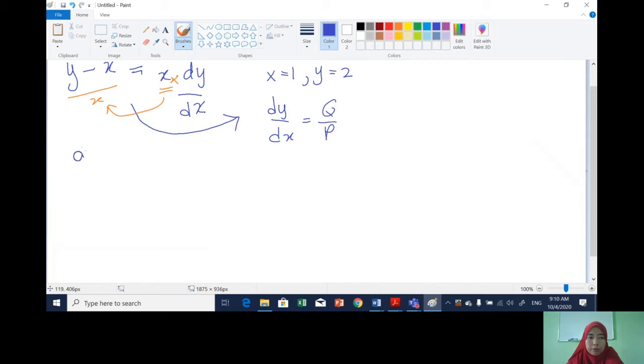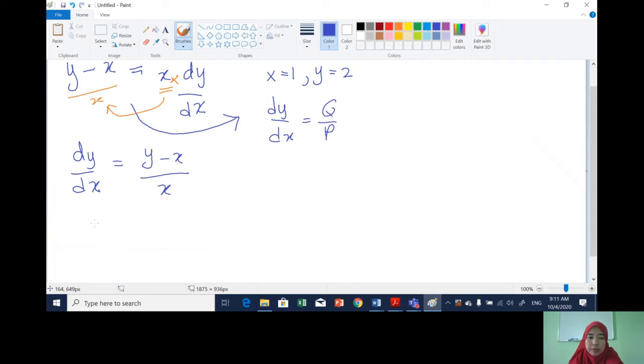So we have dy over dx equal to y minus x over x. This y minus x is our q, and this x is p.